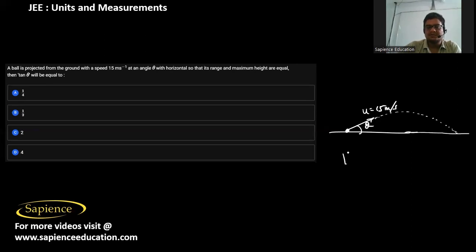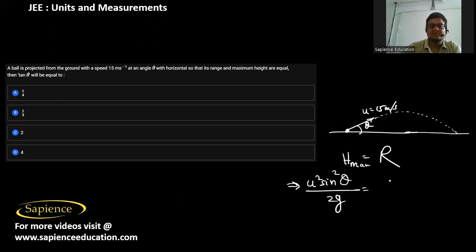So here it is told that maximum height is equal to the range. So maximum height, that is u square sine square theta by 2g, is equal to u square sine 2 theta by g.